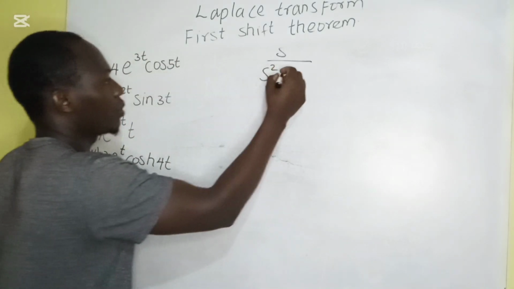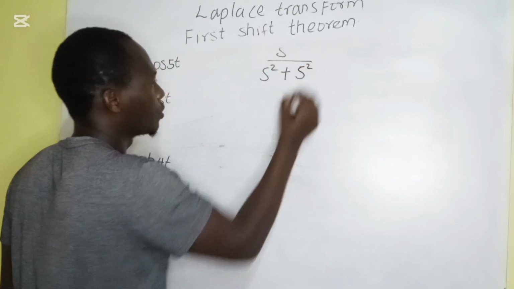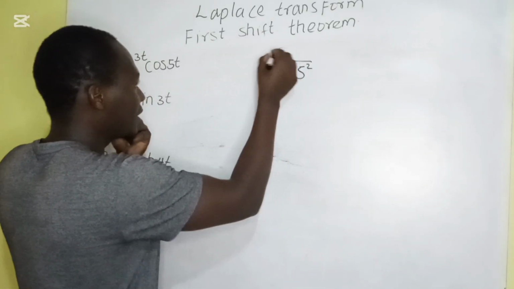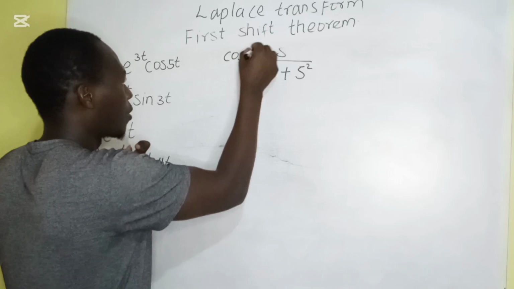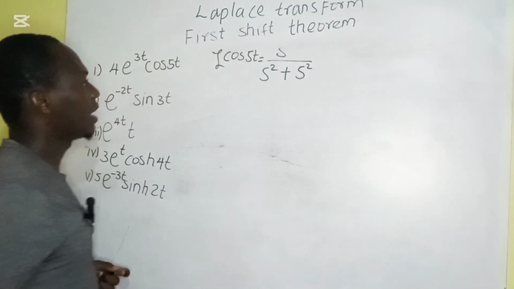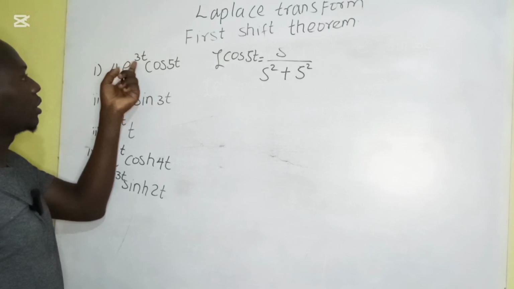Since it is a cos, we are going to have an addition of 5 squared. This is the Laplace transform of cos 5t directly. It is being shifted with respect to exponential 3t.